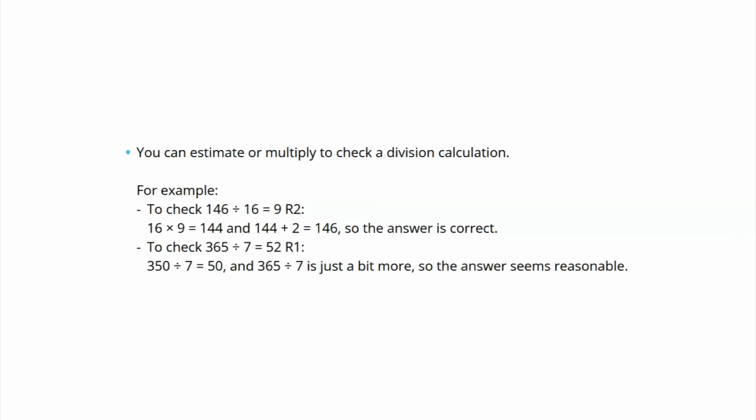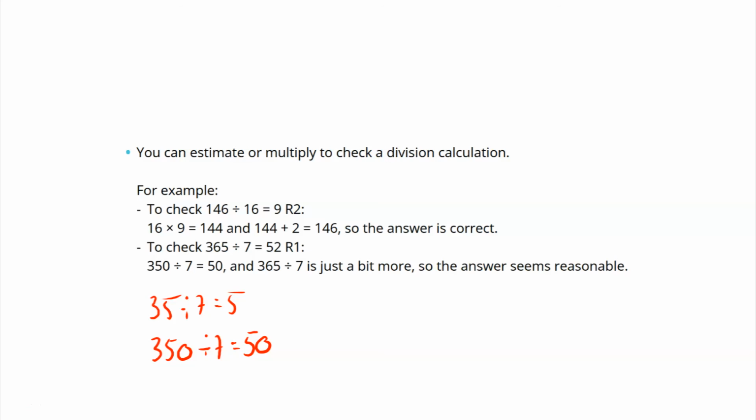Another estimation method, to check 365 divided by 7 is equal to 52, with a remainder of 1, we might start off with saying, well, I know that 350 divided by 7 is equal to 50, and the reason I come to that conclusion is because I know that 35 divided by 7 is equal to 5, so 350 divided by 7 is going to be equal to 50.